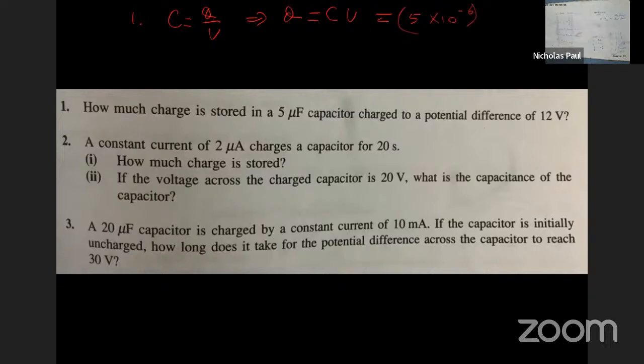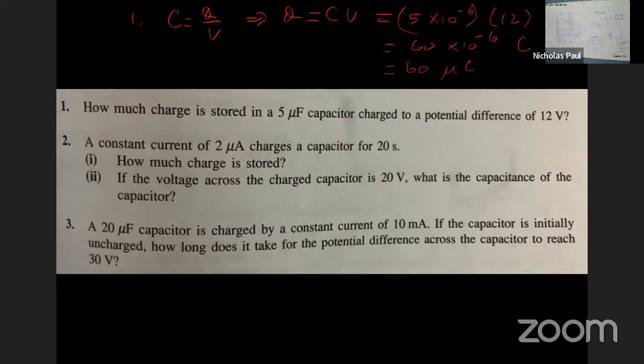So it's 5 by 10 to the minus 6 by 12, right? Which is 60 by 10 to the minus 6. Or if you want, you could say 60 microcoulombs, right?